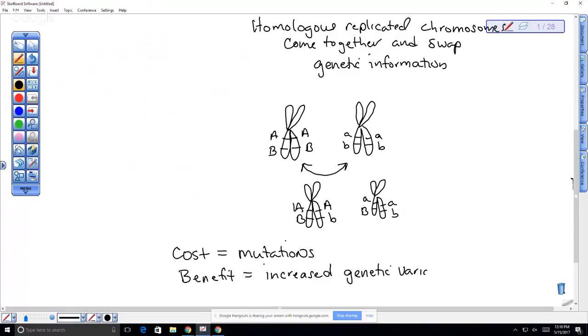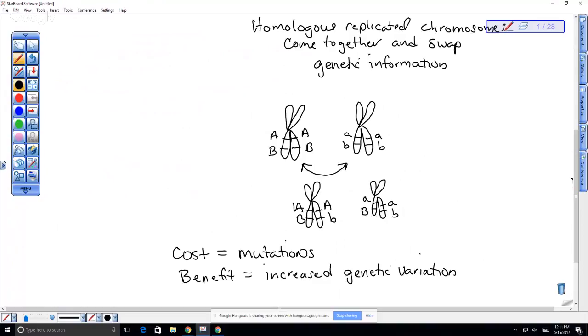And the reason why this increase in genetic variation is so important is it allows populations to evolve. So for example, if everybody is susceptible to a particular virus, and we all die out because of one particular viral strain, then that would be bad from a population genetic standpoint.